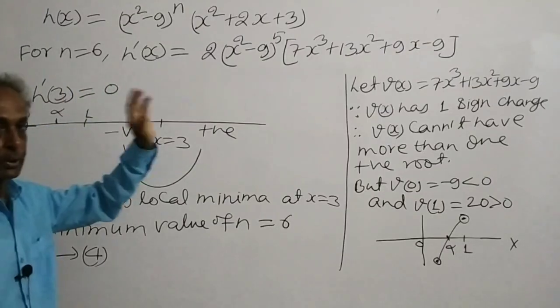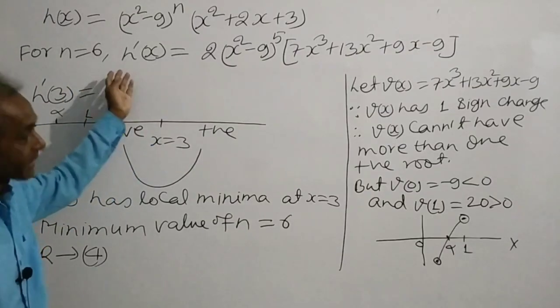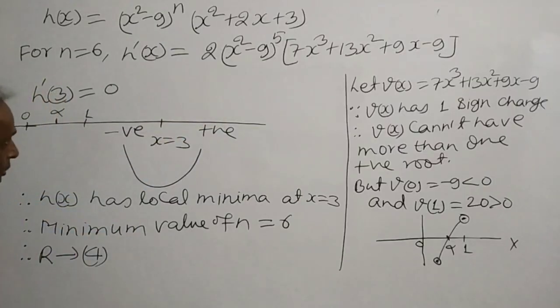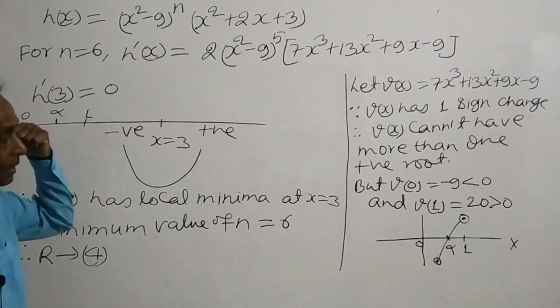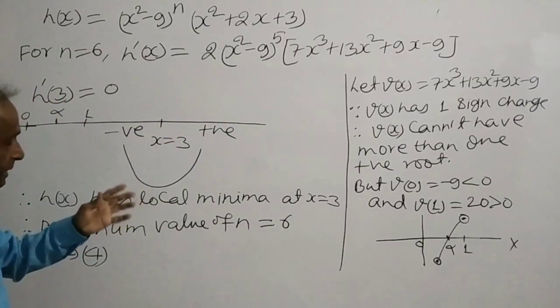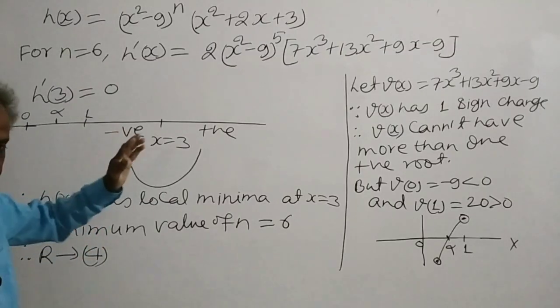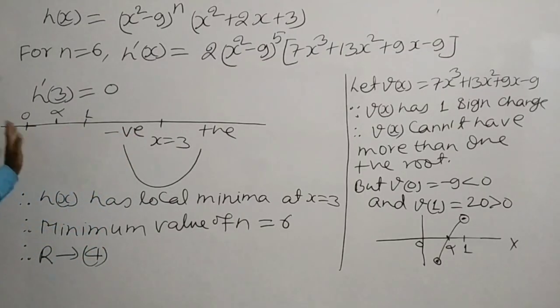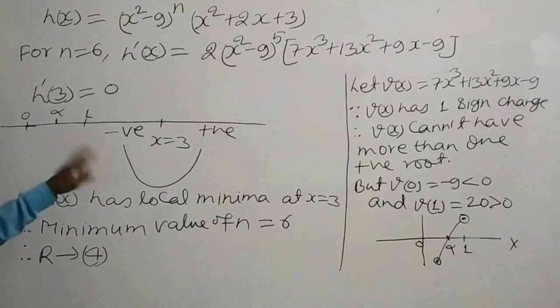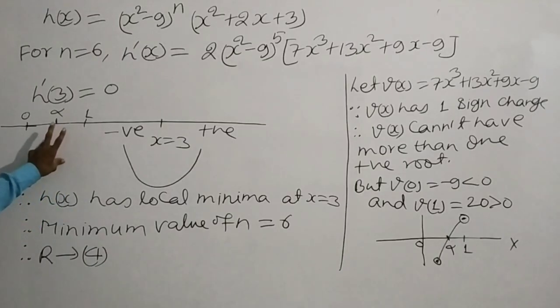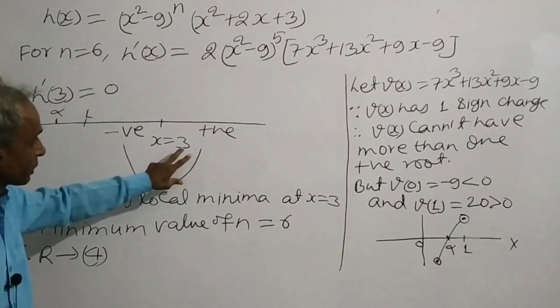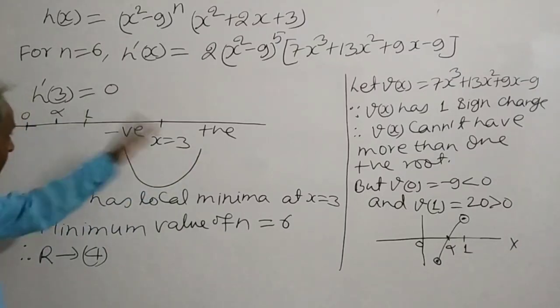That means when we write the equation h dash x is equal to 0 and find all value of x, then other real value will be on the left hand side of 0, one value alpha and one value 3 will be on the right hand side.